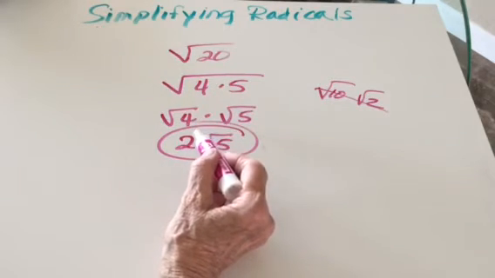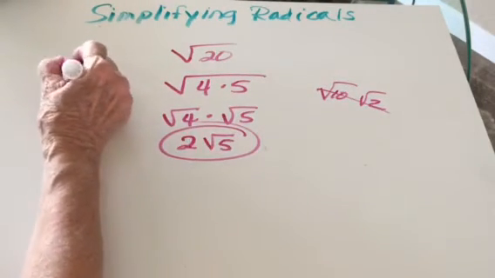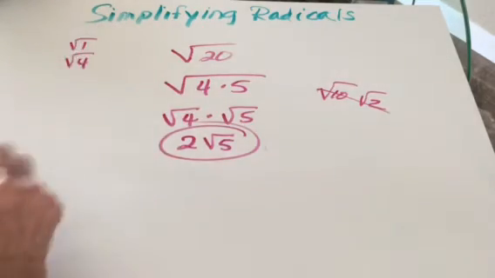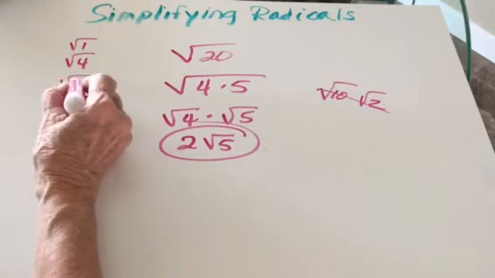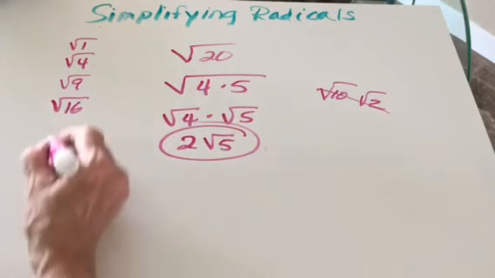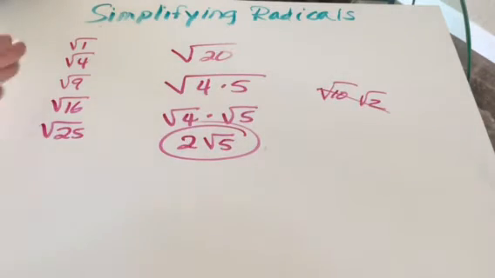So in my head, of course I've done this so many times, guys, but I said 2 times 2 is radical 4. 1 times 1 is radical 1. 2 times 2 is 4. 3 times 3 is 9. 4 times 4 is 16. 5 times 5 is 25, and so forth. I'd like to have you guys make a list of all of these.